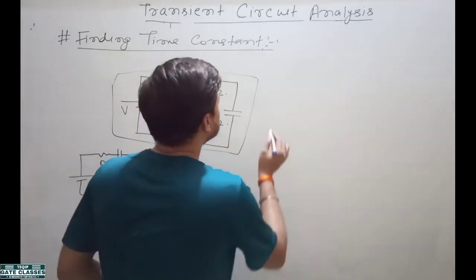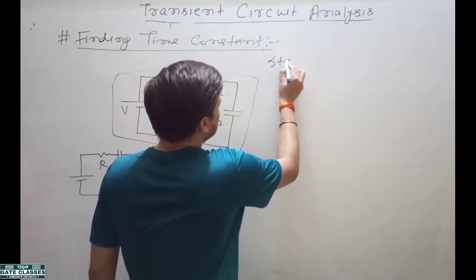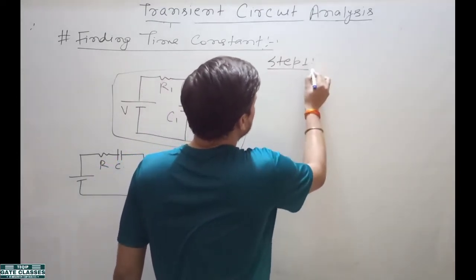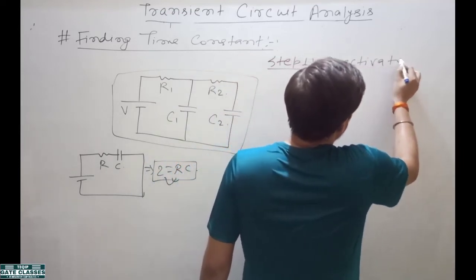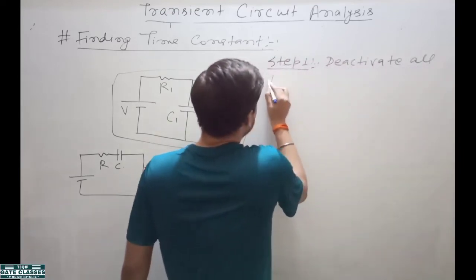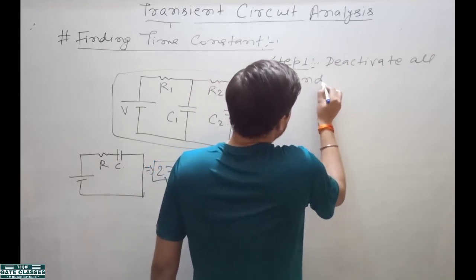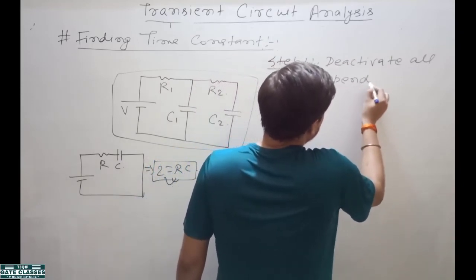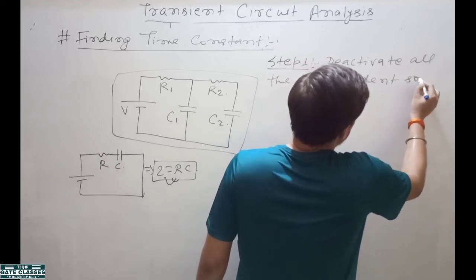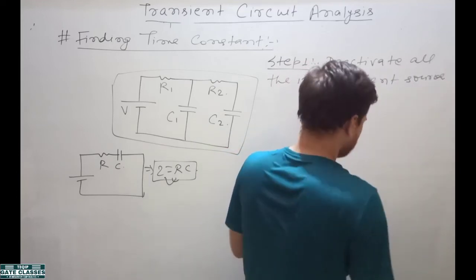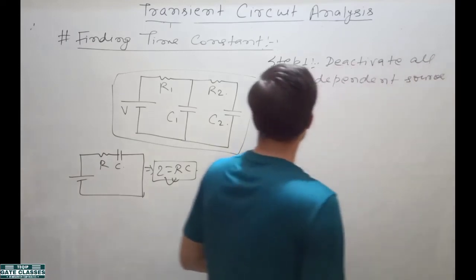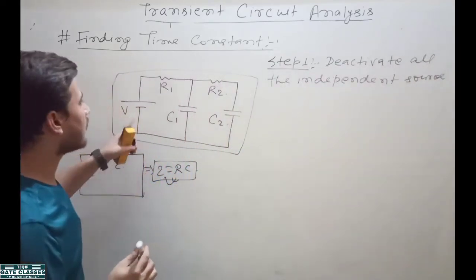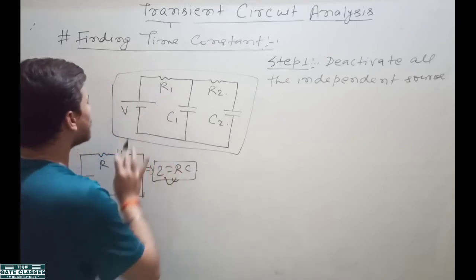Step 1: Deactivate all the independent sources. What does it mean? It means we have to deactivate this voltage source. We will replace it by short circuit.